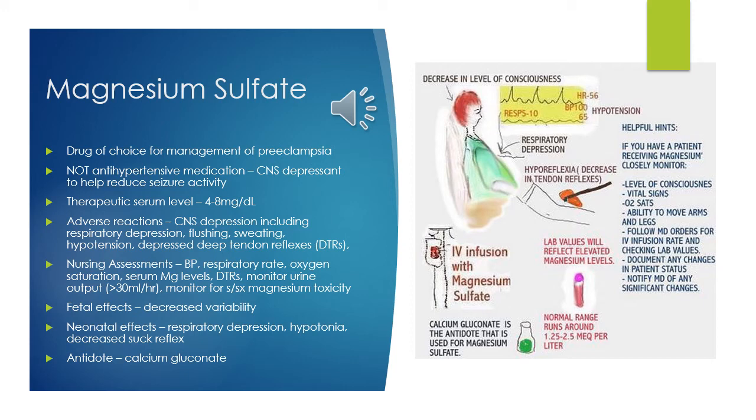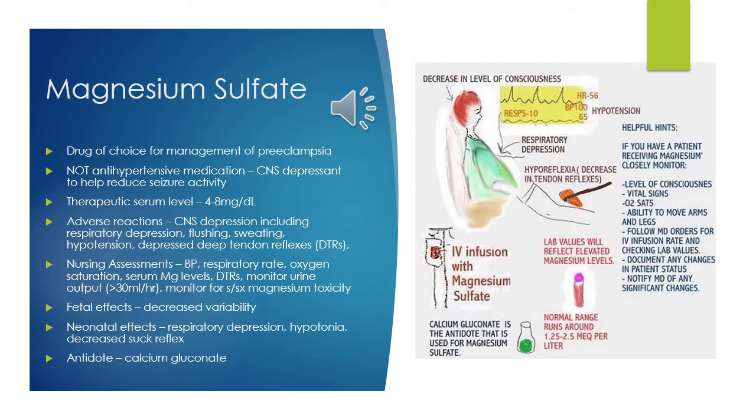Nursing assessments include monitoring the blood pressure, respiratory rate, oxygen saturation, drawing serum magnesium levels as ordered, checking deep tendon reflexes, monitoring for urine output greater than 30 milliliters an hour, and watching for signs and symptoms of magnesium toxicity.